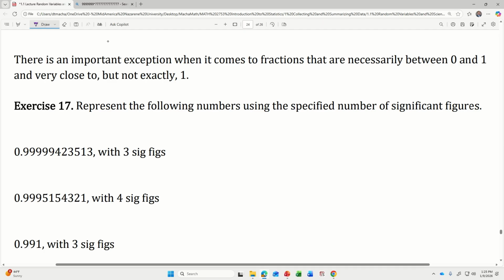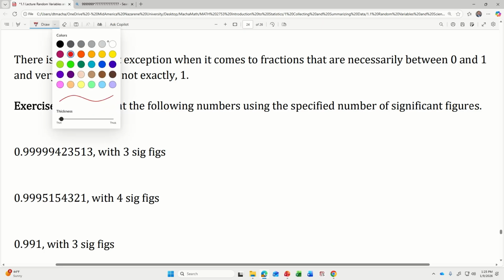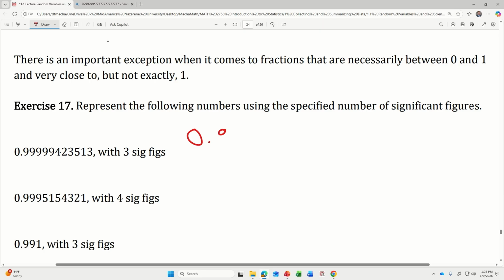If I wanted 0.99999423513 with 3 significant figures, I'll show you how to do this the wrong way. I could say, well, round up, right, because of the 9. So 1.